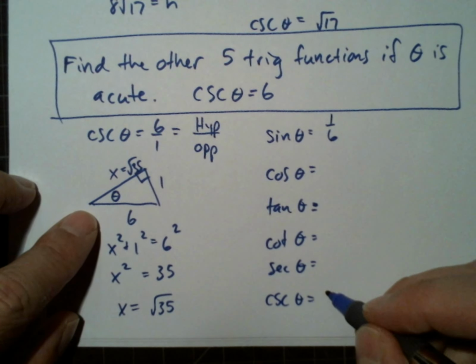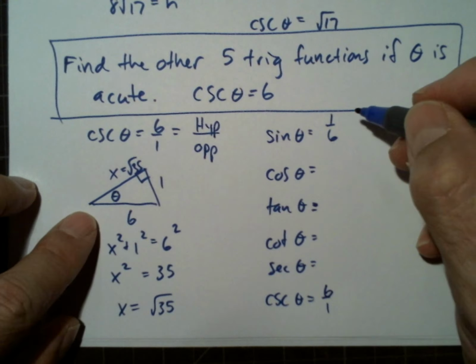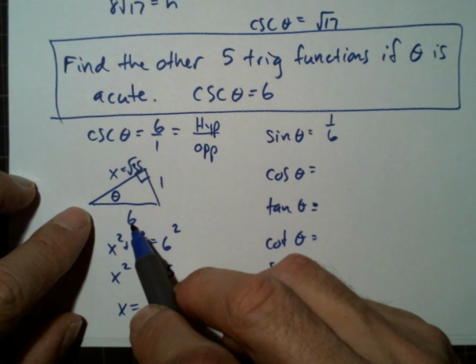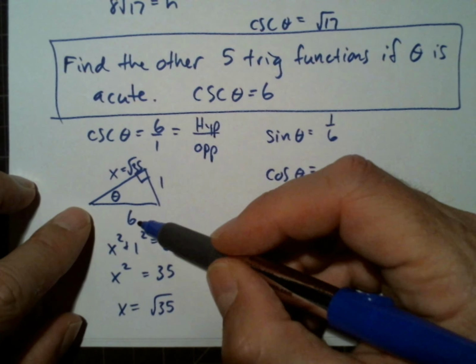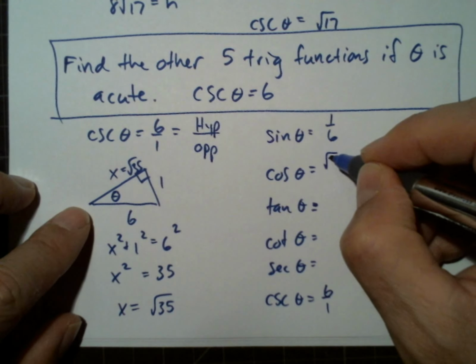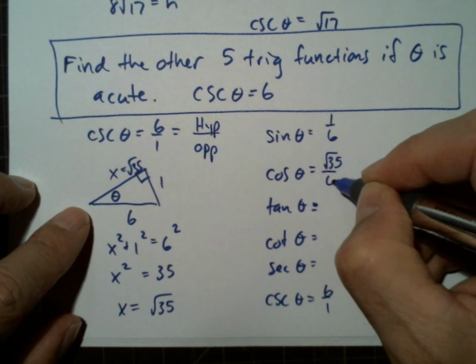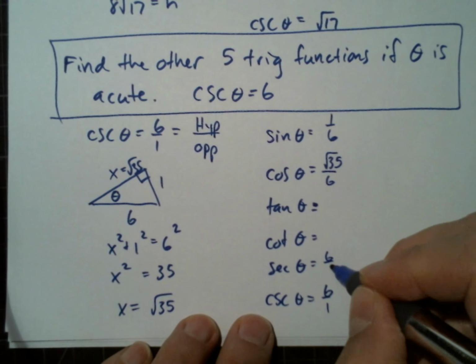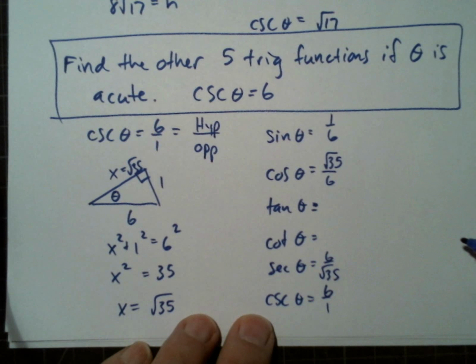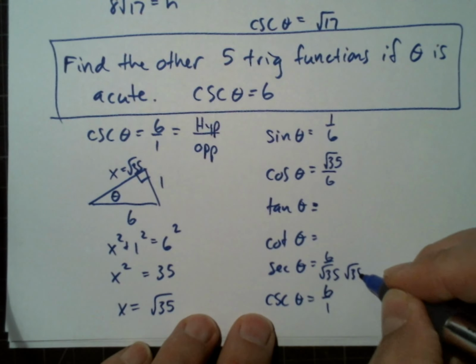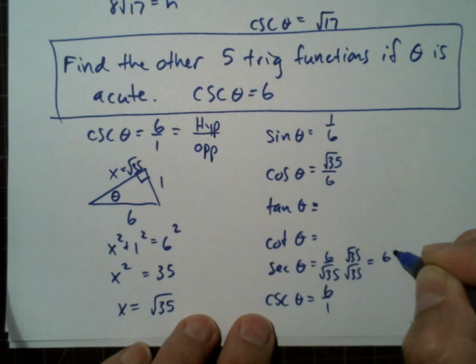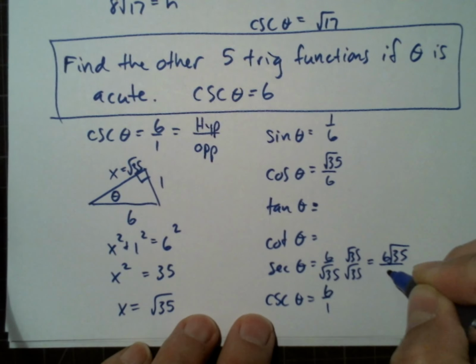And once we do that, we can get this. And then we're going to do the adjacent over hypotenuse. And that means we also have this. Let's rationalize the denominator. 6 radical 35 over 35.